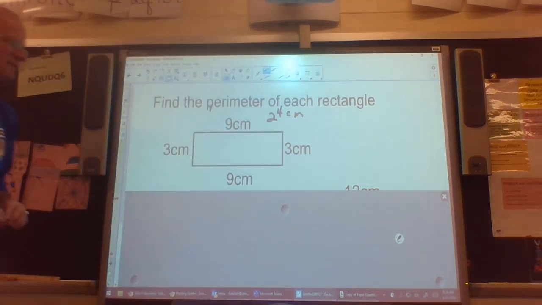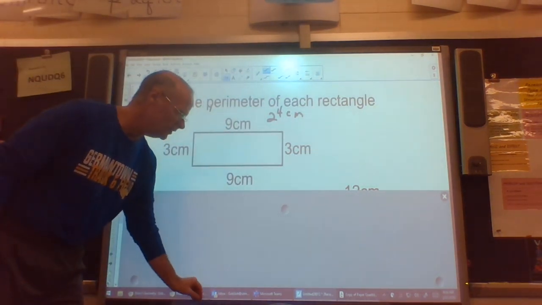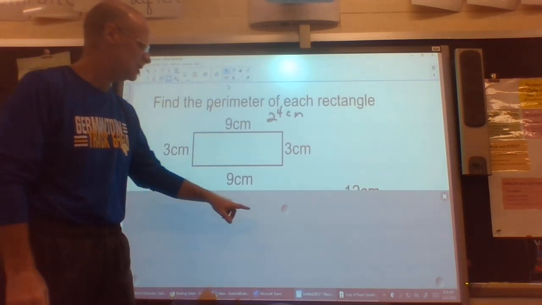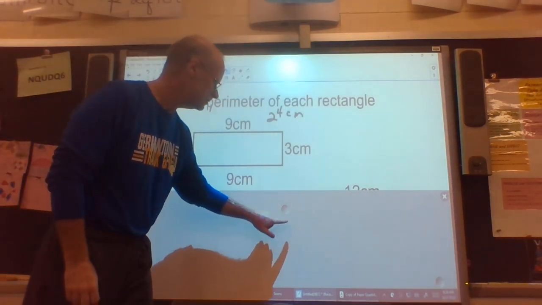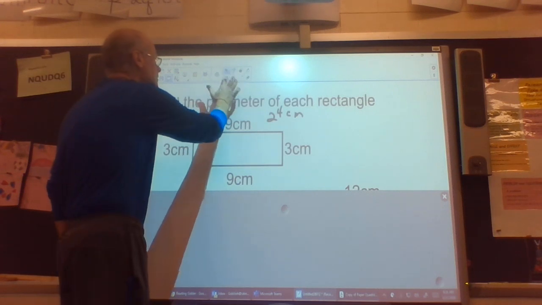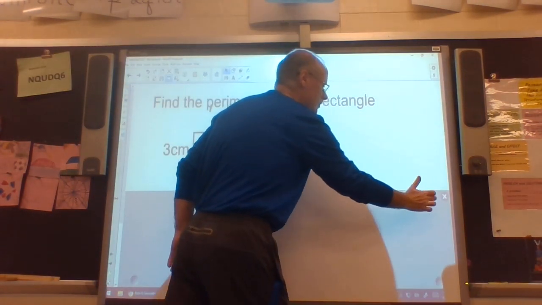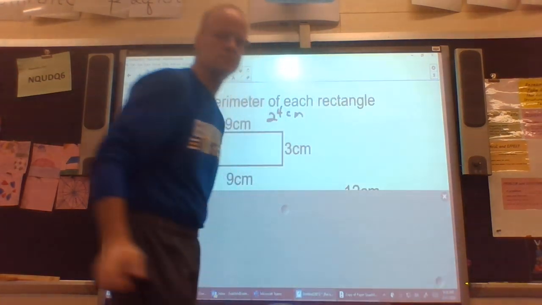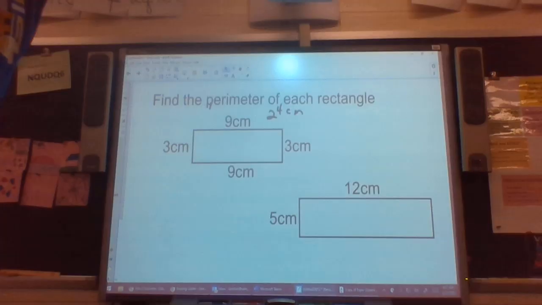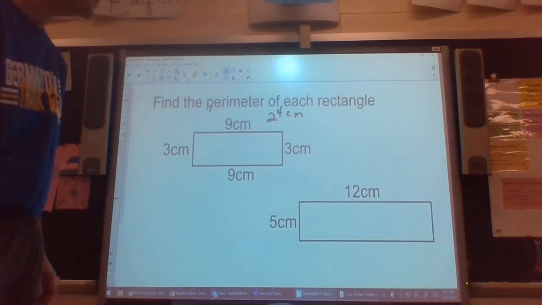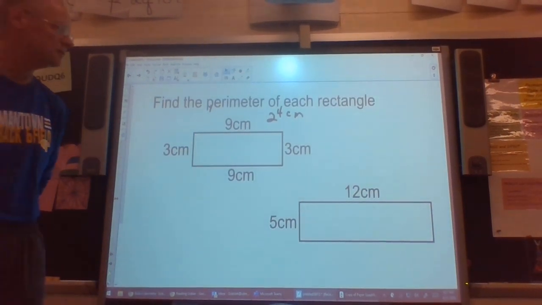Okay, now I have another one for you, but on this one, I try to trick you a little bit. Let's see how you do finding the perimeter of this rectangle.